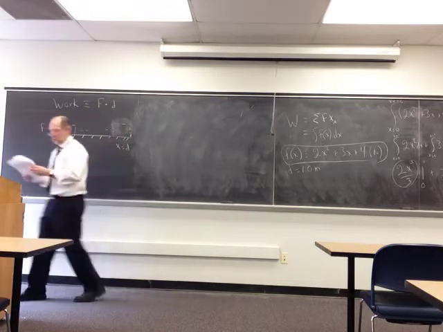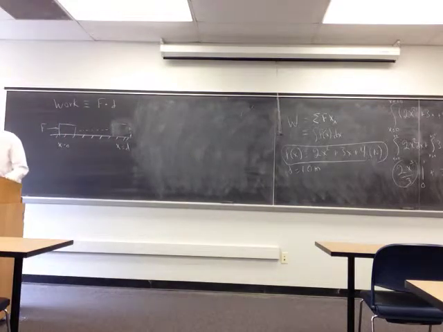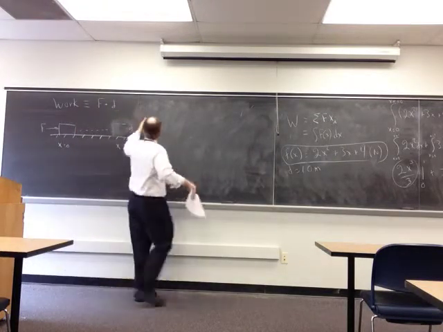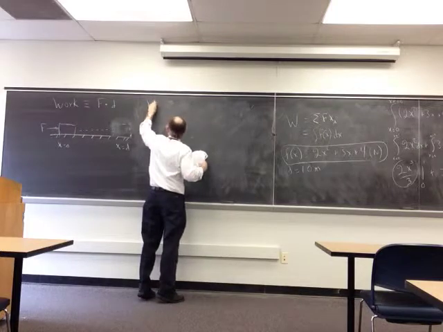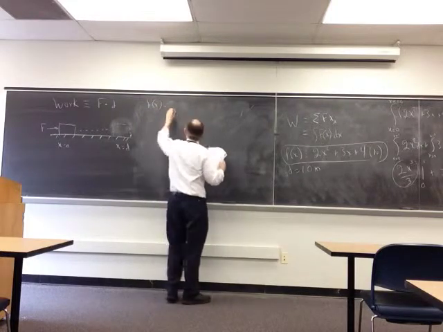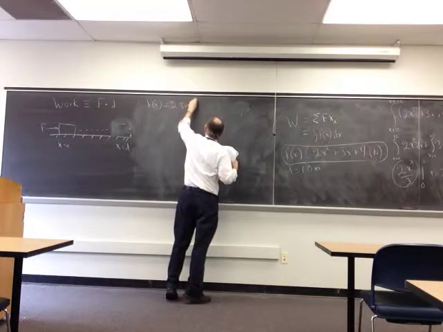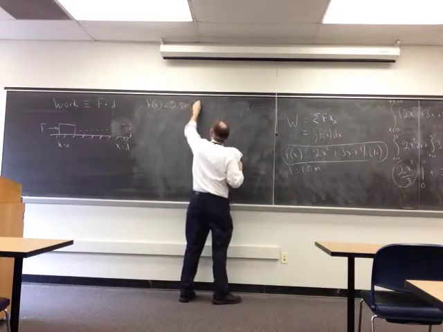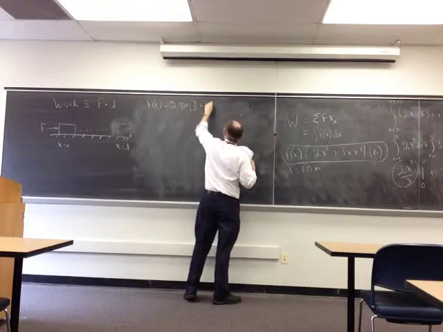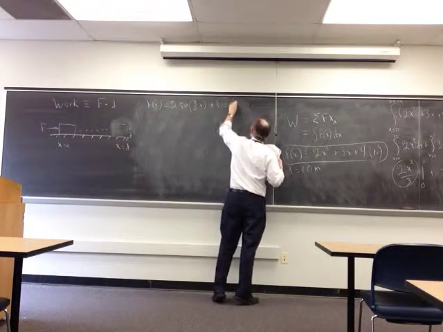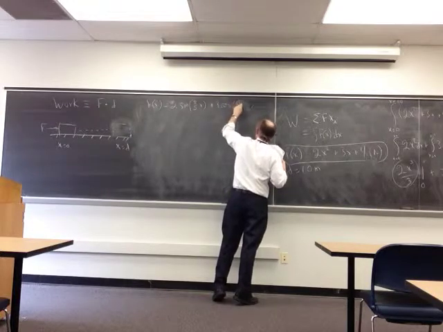So if we had, instead of that function, let's say we had f of x is equal to 2 times the sine of pi over 2x plus 3 times the cosine of pi over 2x.